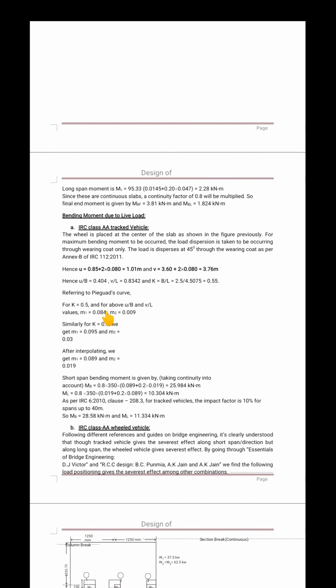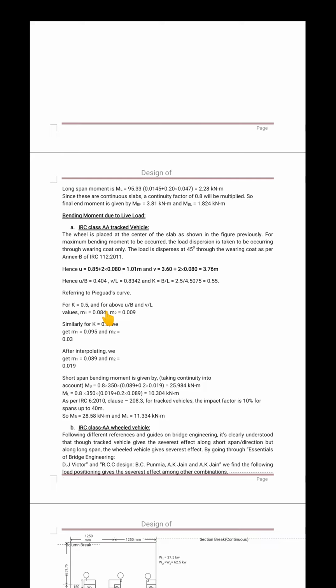u equal to 0.85 plus 2 into 0.80. u is equal to the width of dispersion of the load. How are you going to get this width of dispersion of the load?